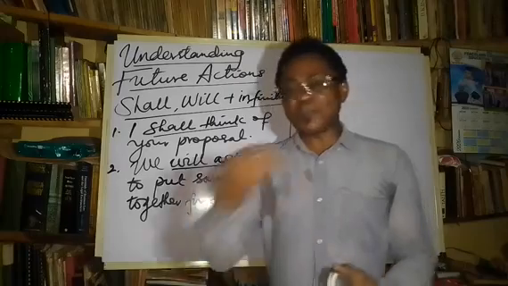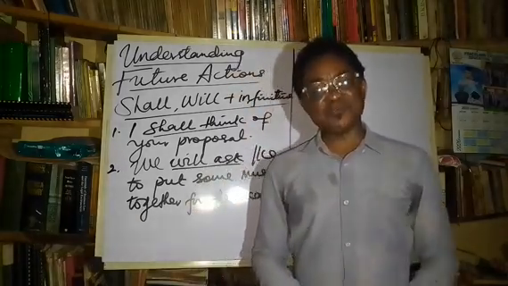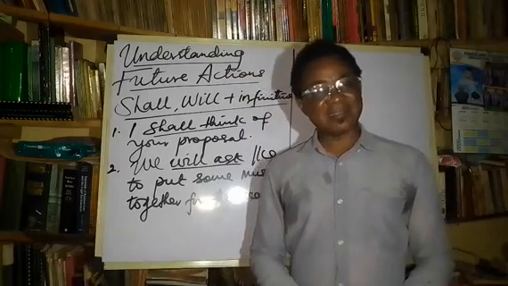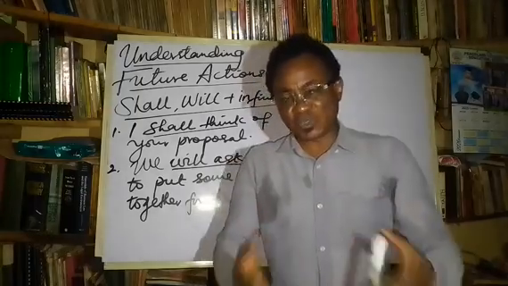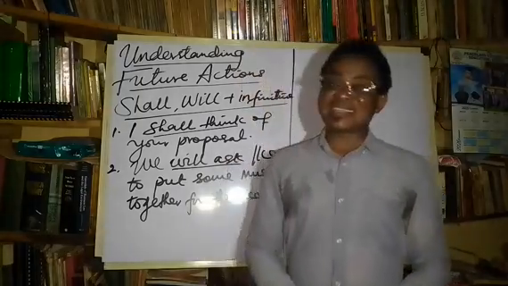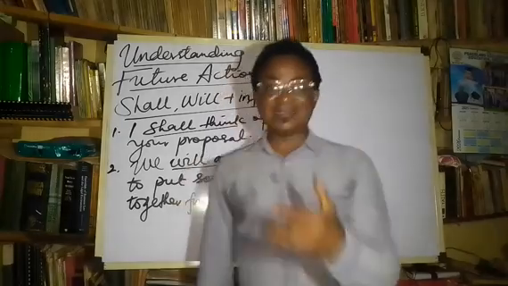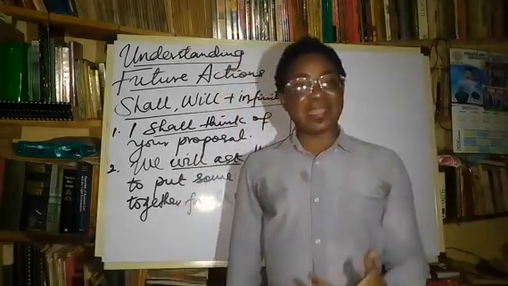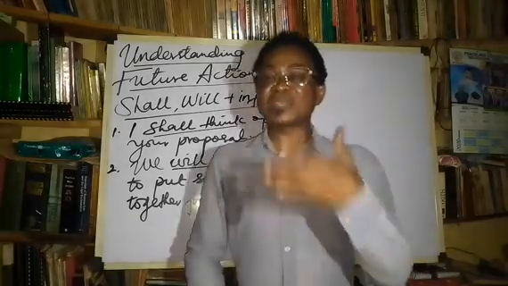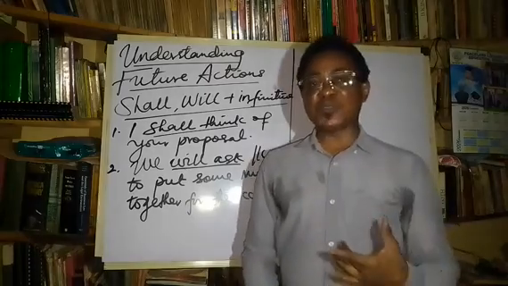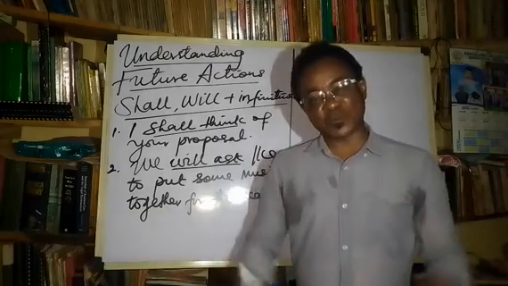So I will pay you a visit should make you go home and start preparing for a guest. Because I have expressed a willingness, I have expressed a promise to do something. But if I say, I shall pay you a visit, what I mean is, well, I may not, it depends. There's no promise. So if I fail to come, you don't hold me responsible for a promise that I fail to fulfill.